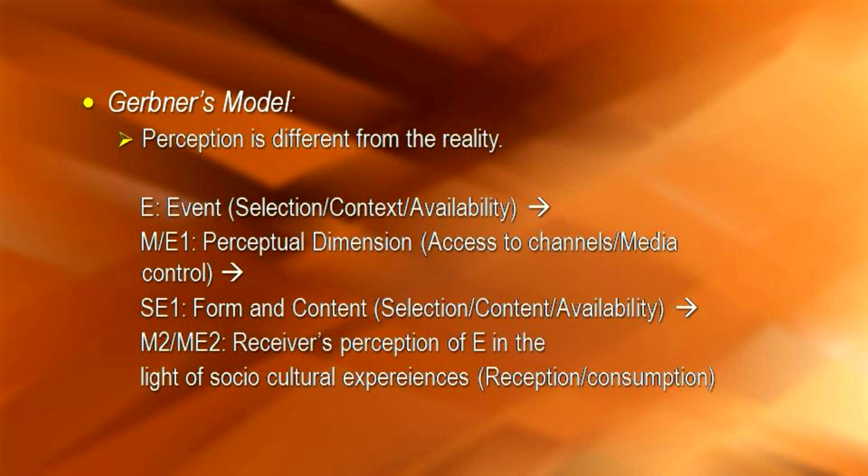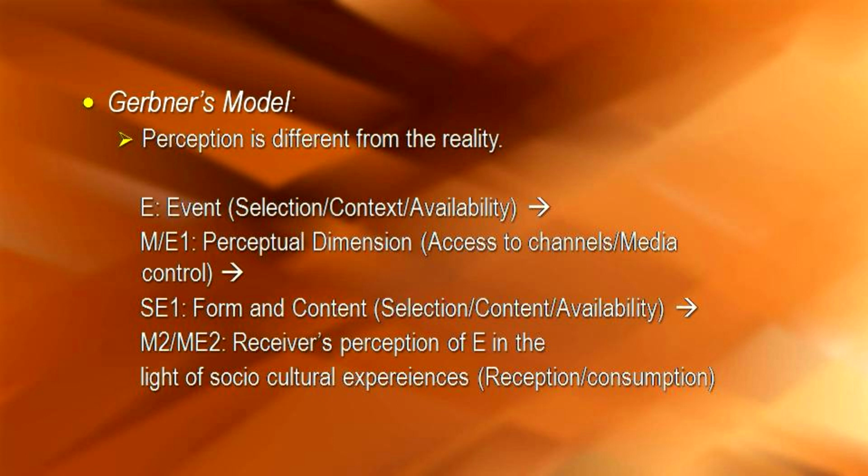Something which can be a neutral event can be presented in media to depict that it is a positive event, or it can be depicted in media to give a negative connotation or representation altogether. So, here the perceptual dimension of the reporter or the editor or the news media is coming into the picture. Then there is another thing, which is the form and content.